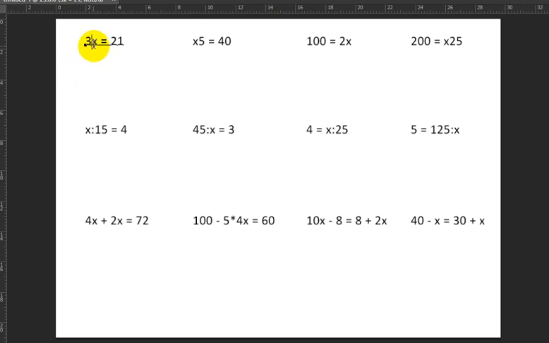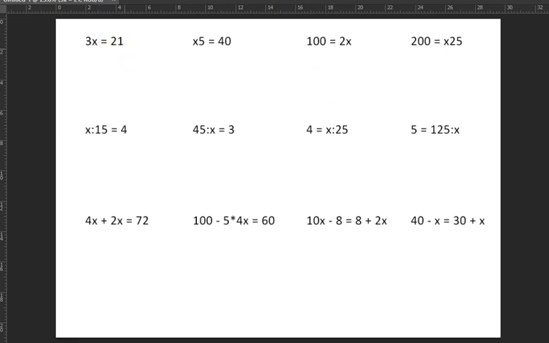Again, as we said yesterday, when we have an equation, our goal is to get x alone on one side of the equation. So here we need to get rid of this 3. We're going to do that by doing to both sides of the equation the opposite of what it is currently doing to the x. Currently, it is multiplying the x.